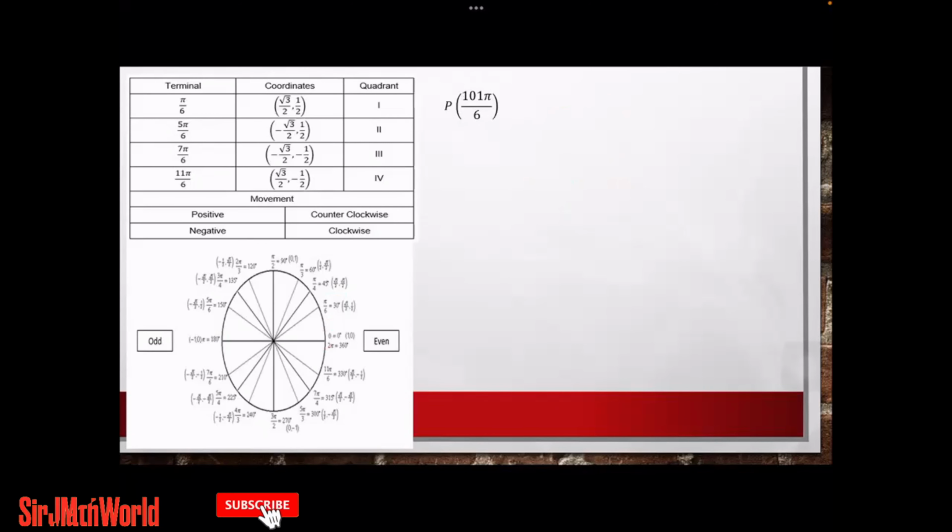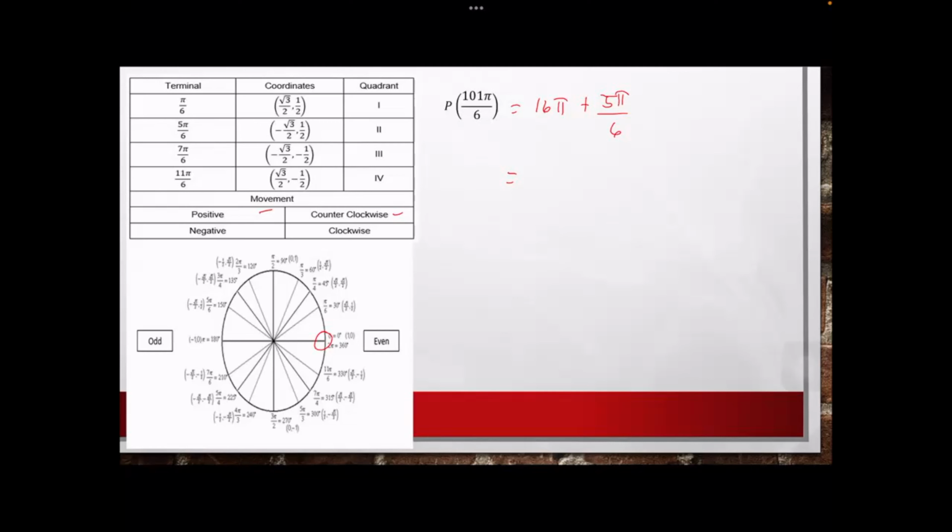Let's go back with Belieca, 101 pi over 6. Jeremy, andyan ka na ba? What's the answer? 16 pi po. 16 pi. Ano i-add natin? Plus 5 pi po over 6. So, 16 is even. Tapos siya ay positive. Papunta siya saan? Anong quadrant? Move 5 po. Okay, so mapupunta siya sa ano?